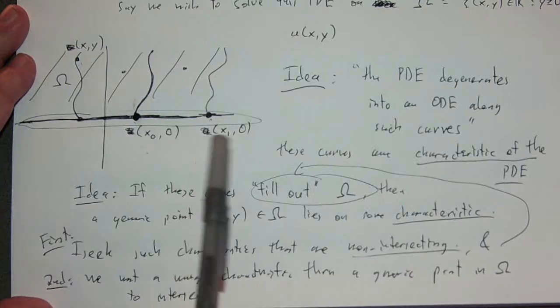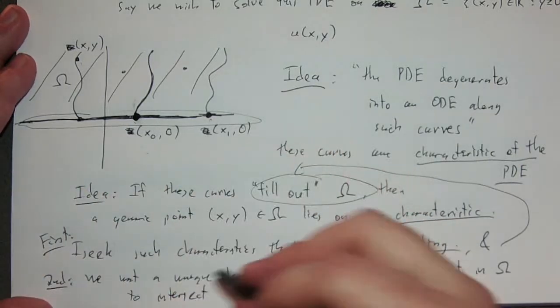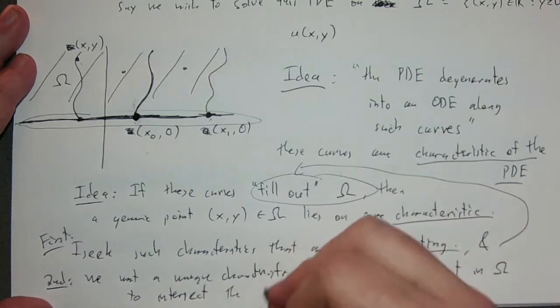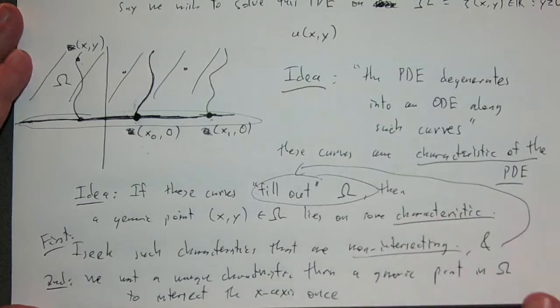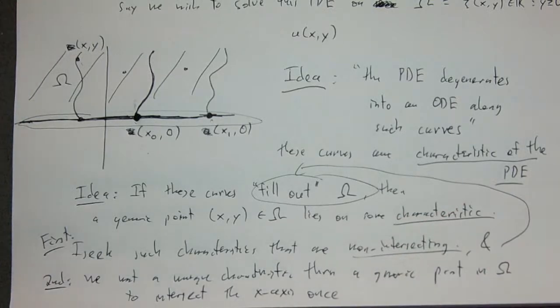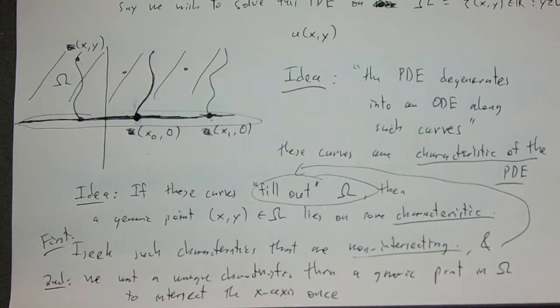I'm going to say the x-axis here. It need not be the x-axis. It can be any set where you specify the data here to intersect the x-axis once. Okay, again, this is so that we don't have ambiguity introduced by one characteristic intersecting in multiple spots, so I'm not actually sure which point is the thing that specifies the behavior, right? So that's what I want to avoid.